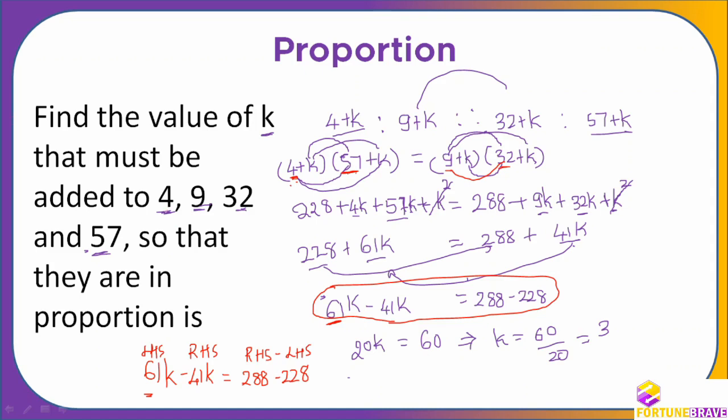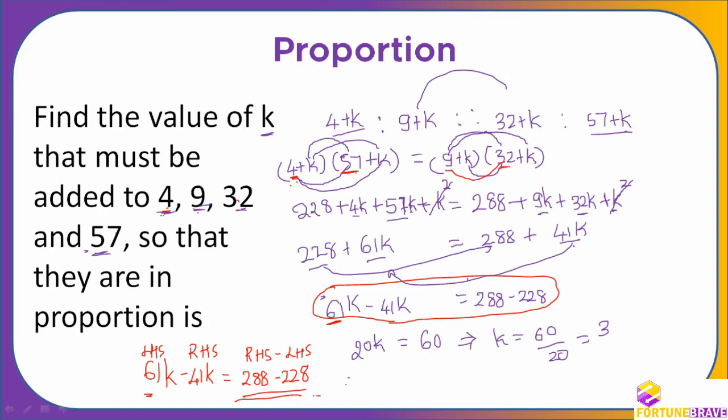Next time whenever it comes, what I am going to do is 4 plus 57 minus 9 plus 32 is equal to 9 into 32 minus 4 into 57. This is what it is. Do you want to understand it?